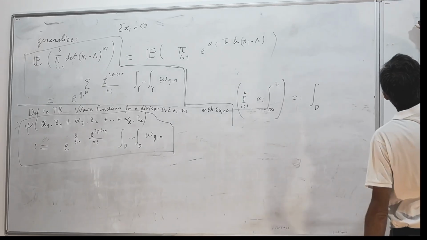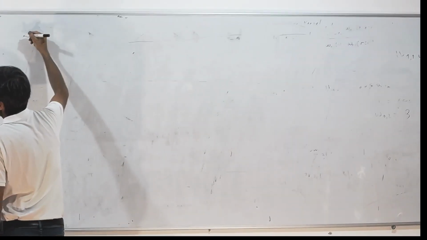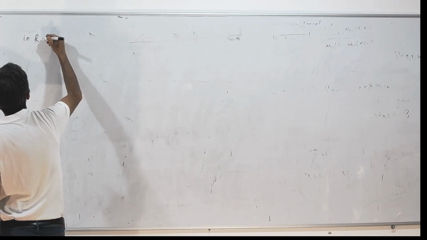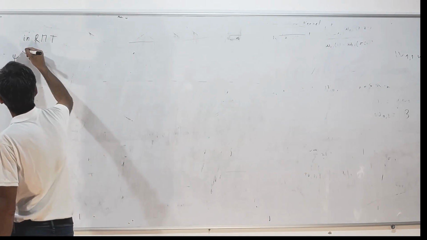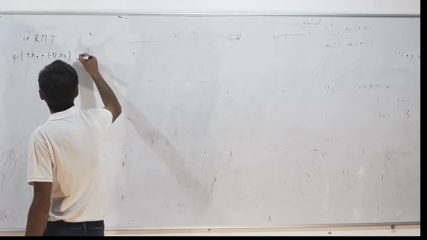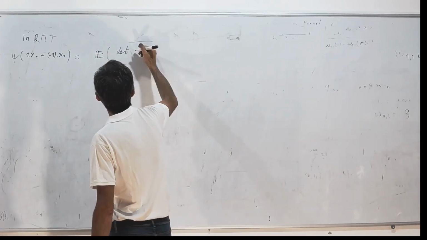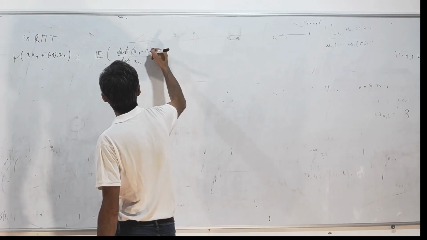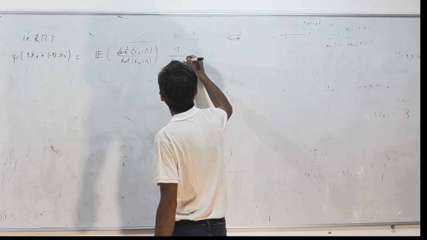Let me say that in matrix models, so in random matrix theory, the psi of 1 times x1 plus minus 1 x2 is the expectation value of the determinant of x1 minus M, determinant of x2 minus lambda, multiplied by x1 minus x2.